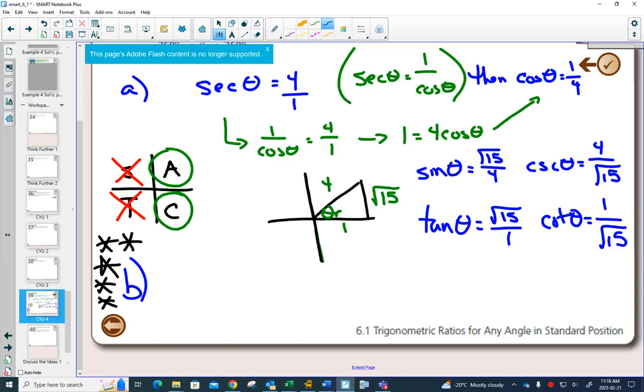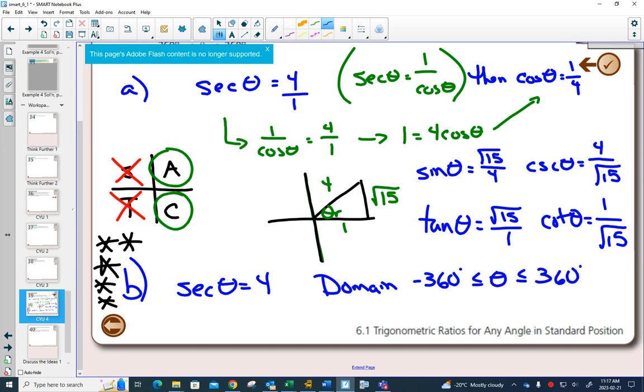So this question says, if you had secant theta equals 4, and they want us to solve over the domain of negative 360 degrees, less than or equal to theta, less than or equal to 360 degrees.